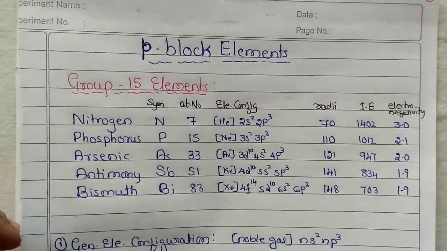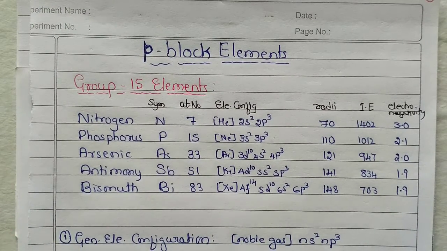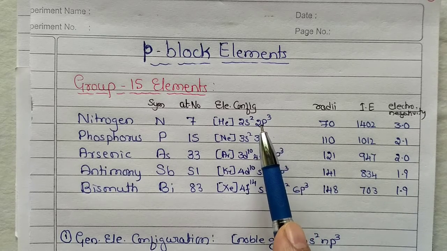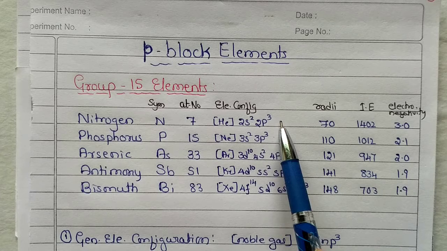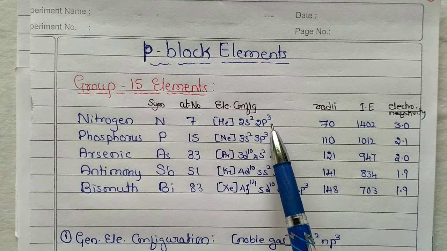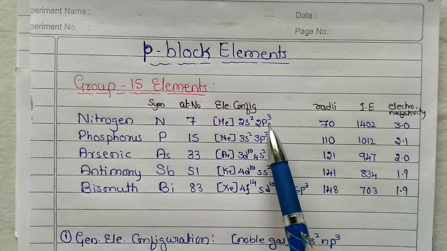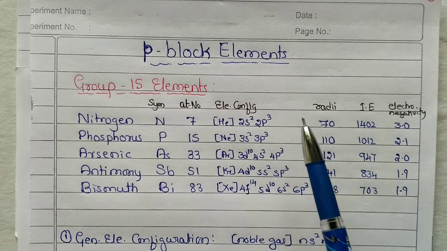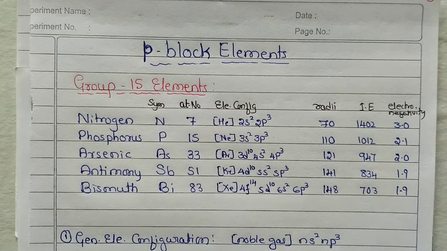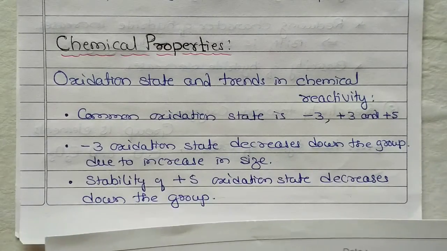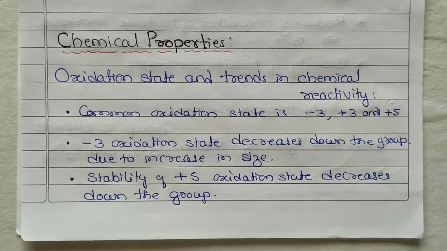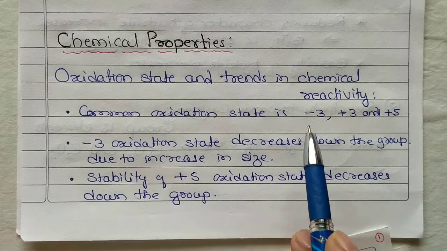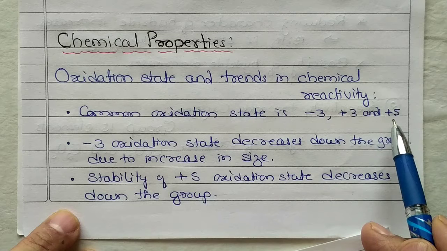Observing the electronic configuration of p block elements, the outermost electrons are ns2np3, means it can give these 3 electrons, or it can take 3 electrons to complete the p6 orbital, or it can give all 5 electrons, 2 plus 3. So the common oxidation states of these elements are -3, +3 and +5.